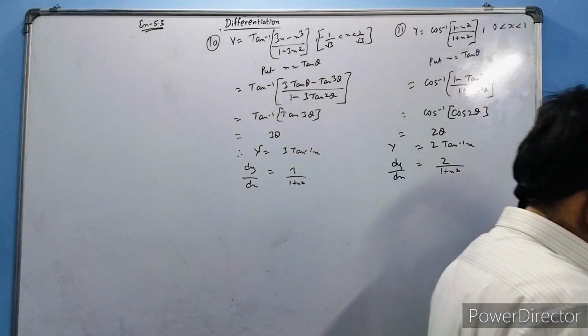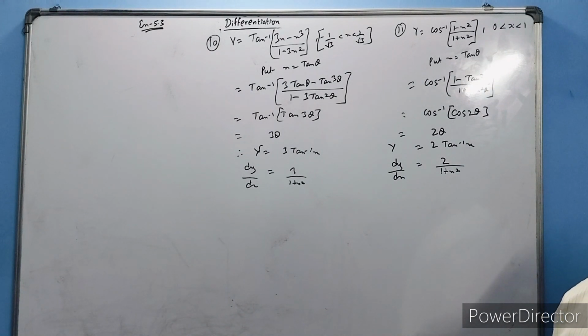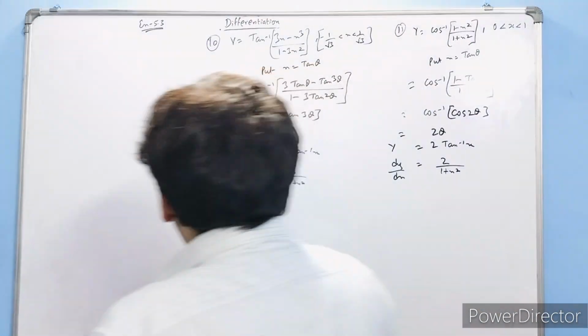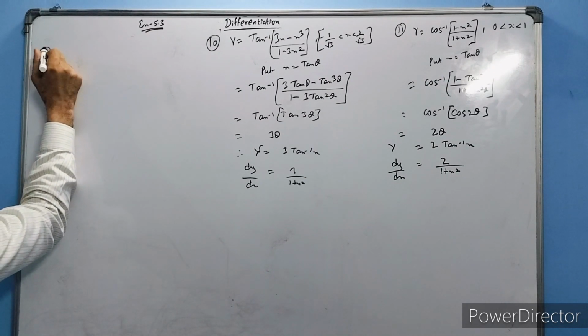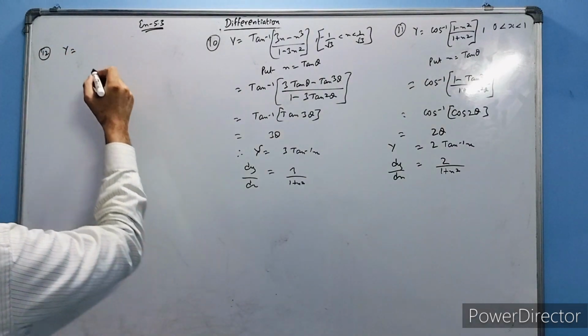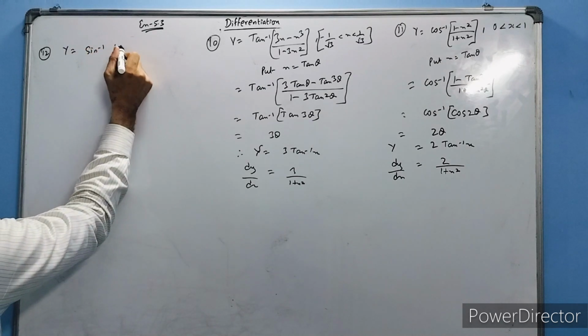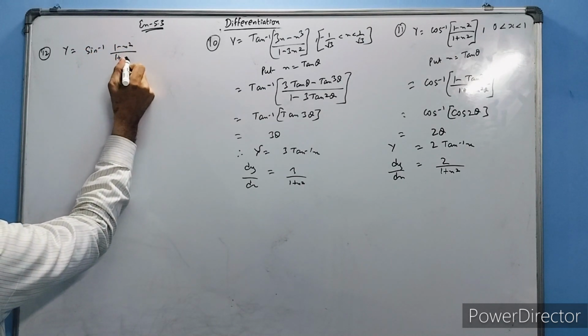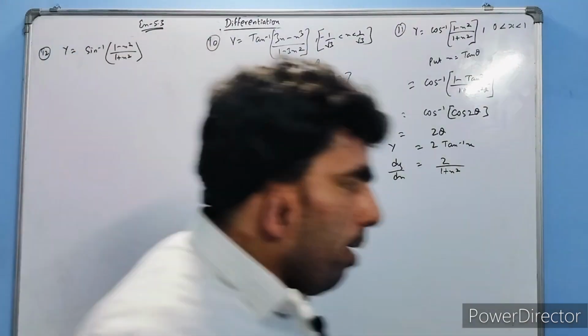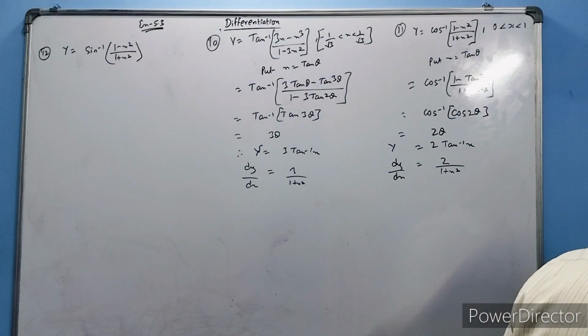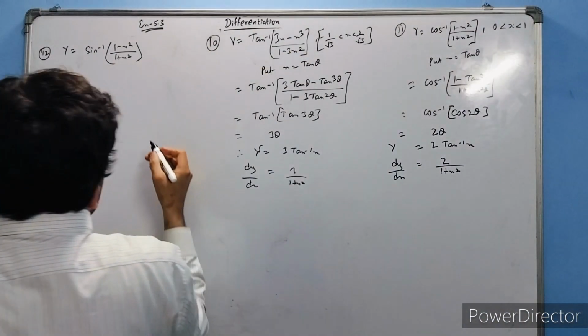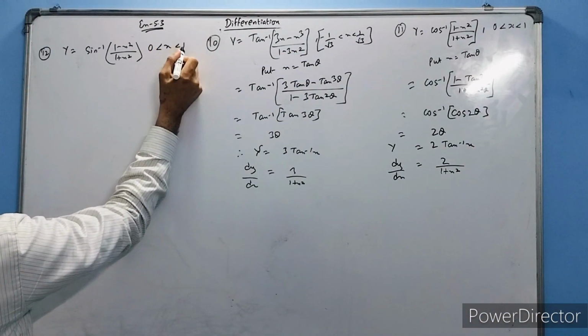Y is equal to sine inverse (1 minus x square) upon (1 plus x square), where x lies between 0 to 1. Okay, 0 to 1.